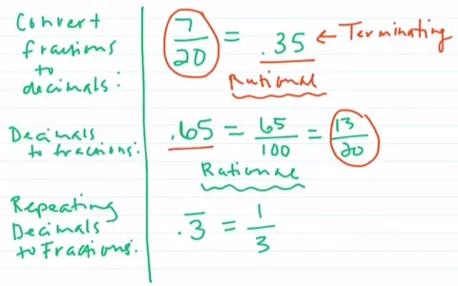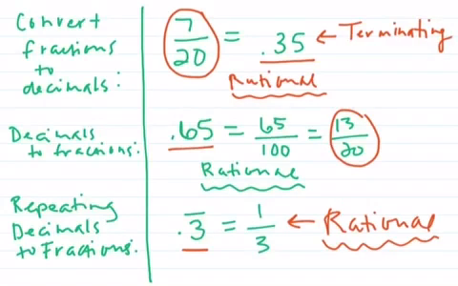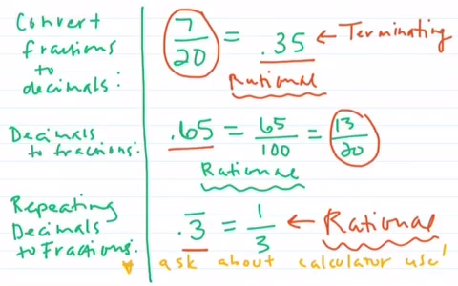So again, it's rational because the decimal repeats, and it can also be written as a ratio of two integers. So these are all examples of rational numbers. All right, and then I'm going to put a note on here to ask about calculator use, because we need to go over that in class, okay? Ask about calculator use.